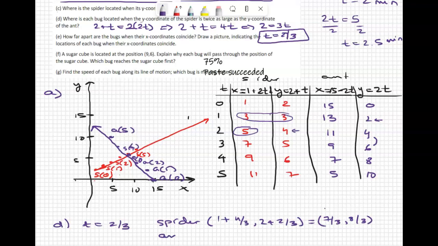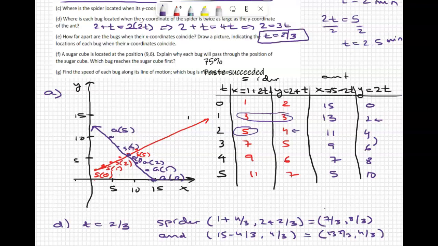Okay, the ant, looking at the equations, 15 minus 2t, so this is 15 minus 4/3, and 2 times t, so 4/3. So we have 15 minus 4/3, which is 13 and 2/3, and 4/3. Okay, cool.